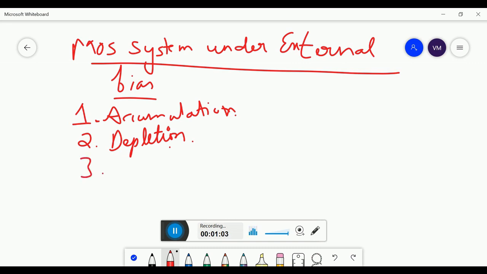The third one will be known as inversion. These are the different types of operation of a MOS system, not MOS transistor. I'm talking about the MOS system. These are the three different types of MOS operation when you apply different types of gate voltage onto the MOS system.